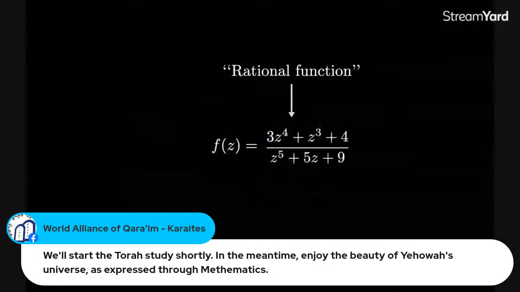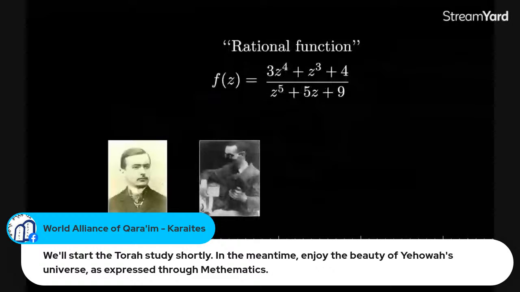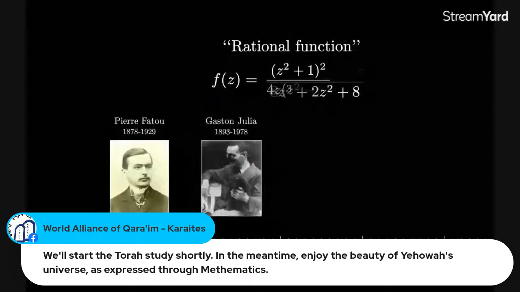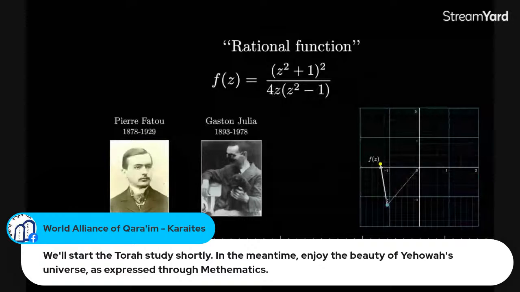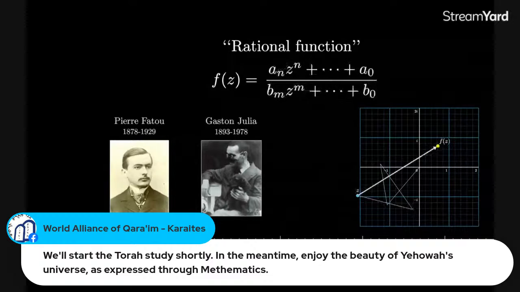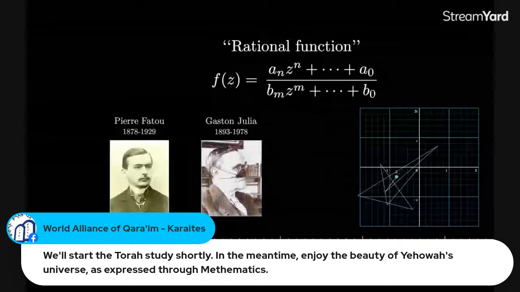And in fact, this is exactly what the mathematicians Pierre Fatou and Gaston Julia did in the years immediately following World War I. And they built up a surprisingly rich theory of what happens when you iterate these rational functions, which is particularly impressive given that they had no computers to visualize any of this the way that you and I can. I think this distinguishes Julia as easily being one of the greatest mathematicians of all time who had no nose. Now remember those two names, they'll come up a bit later.